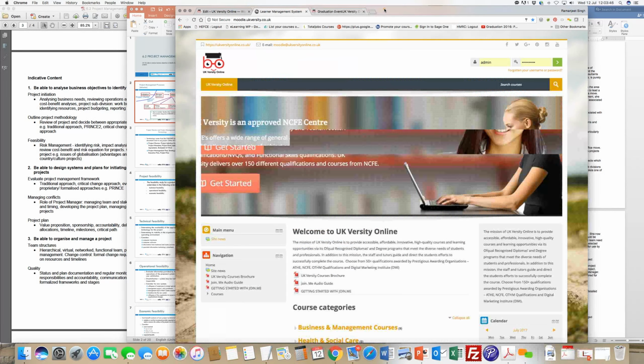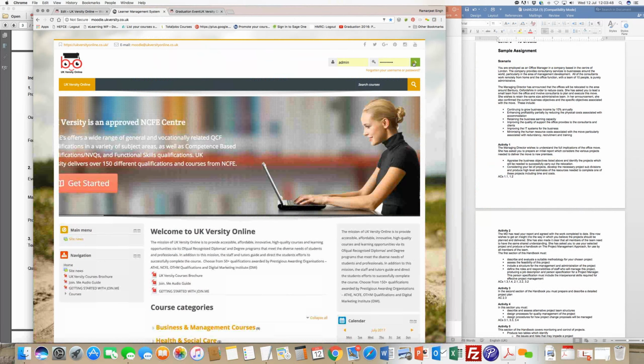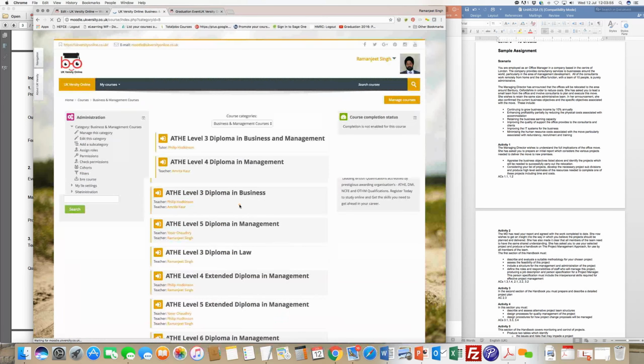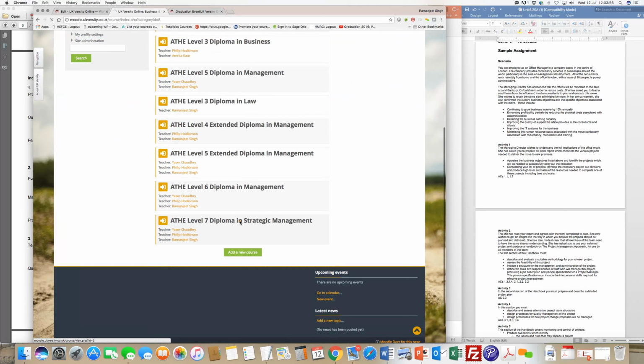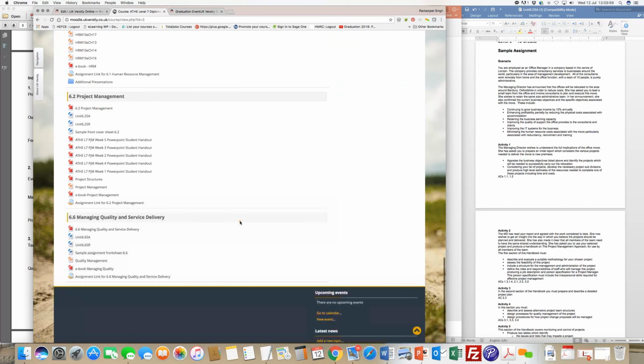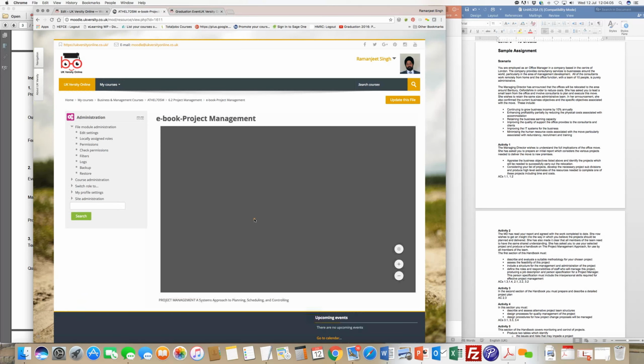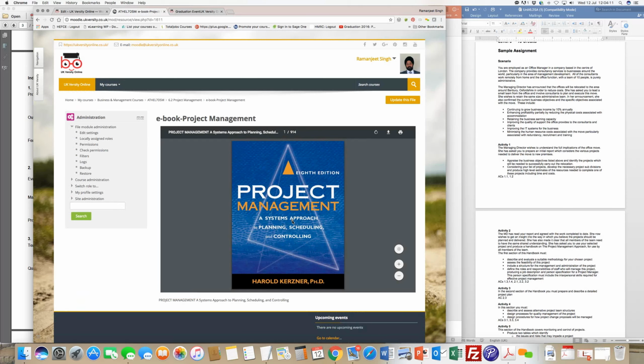There is a book that we have also on Moodle, which details the whole unit in terms of project management, and that's what I would want to just very briefly show you. This book is something that you can download and go through. It covers pretty much most of the unit in a bit more detail, and I'm going to be referring to this book from time to time.